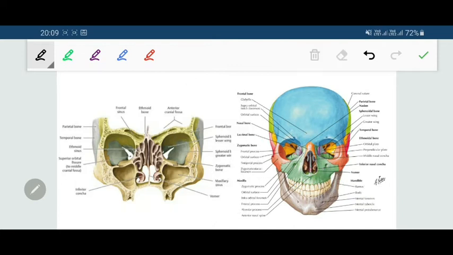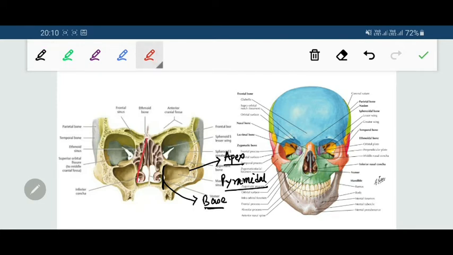Shape wise, it is pyramidal in shape with the base directed medially, and the apex directed laterally. Base is directed towards the lateral wall of the nose.